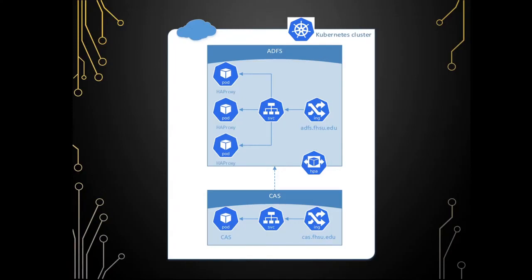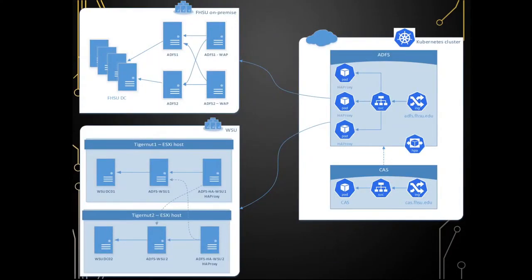They don't even know they hit CAS first. That allows us to have a unified login experience and better SSO. In terms of multi-factor authentication, we just needed to configure Duo on ADFS alone and do not need to configure it on CAS. This is what our setup looked like after CAS.